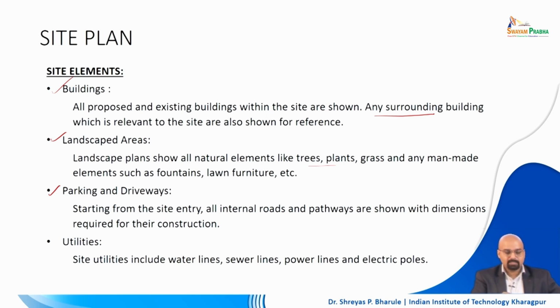And in this case, the site entry becomes very important. In some of the larger sites, you have one entry and a second entrance, so you have 2 access locations for the site: one for entry, one for exit. In case of large buildings or large scale proposals, you will have an entrance location and an exit location.